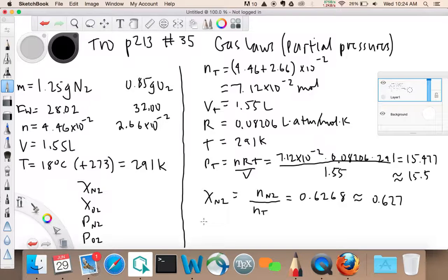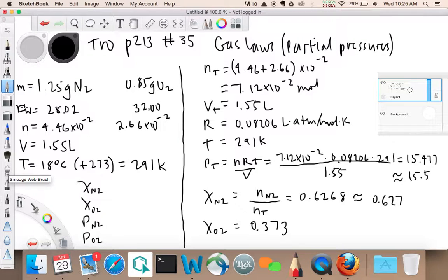Okay, so the mole fraction of O2 is going to be 1 minus that. 1 minus answer, enter, 0.373. Okay, so those are the mole fractions of each of those.